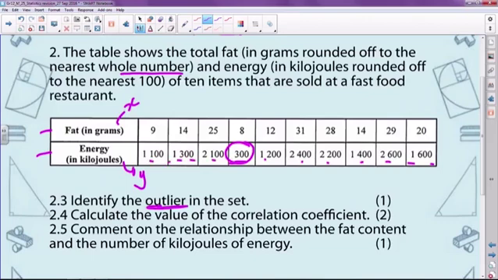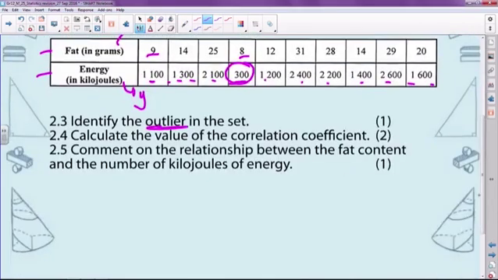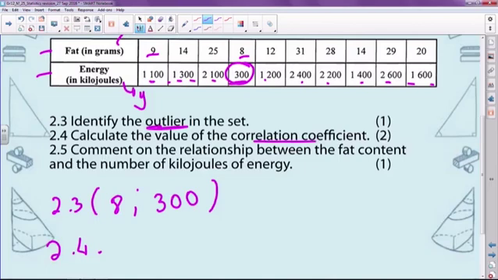All right, and it almost doesn't seem to fit in, because if you look at 9 grams of fat releasing 1,100 kilojoules, and then 8 grams, which is only 1 gram less than that, only releases 300 kilojoules. So the outlier in this set will be the point 8 and 300.